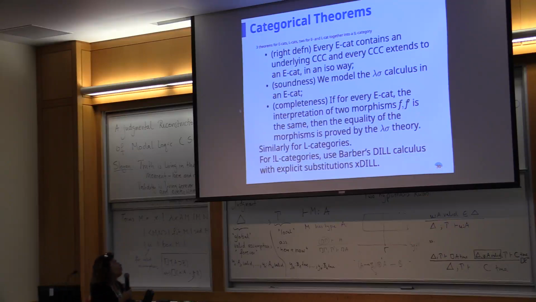And to do the bank, we just have to use one slightly different version from the calculus that we've been discussing for modal logic and for linear logic. It's a variation of the calculus that I discussed yesterday.